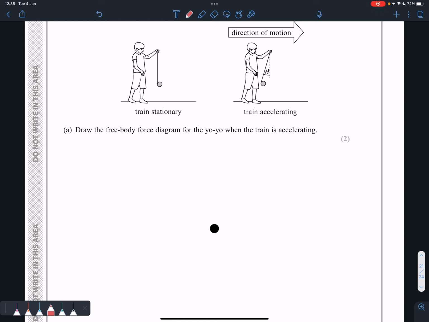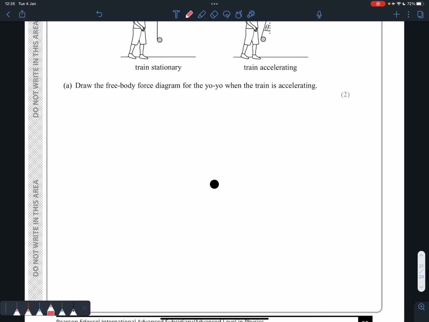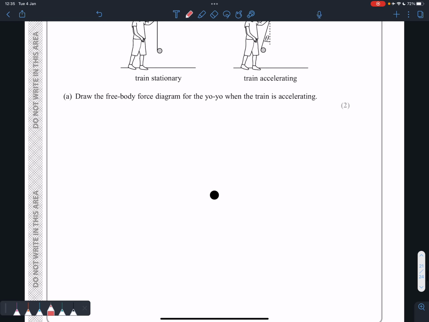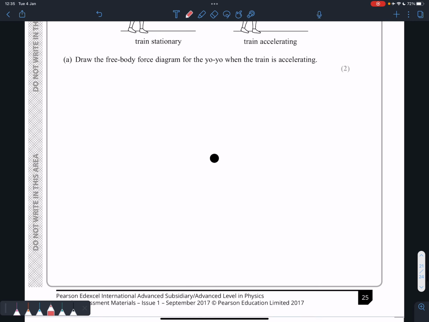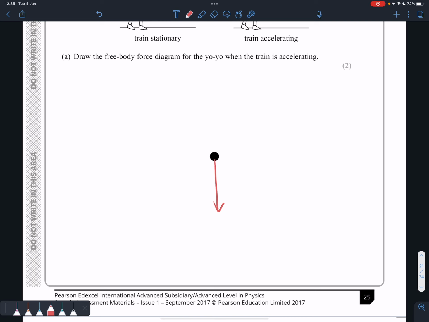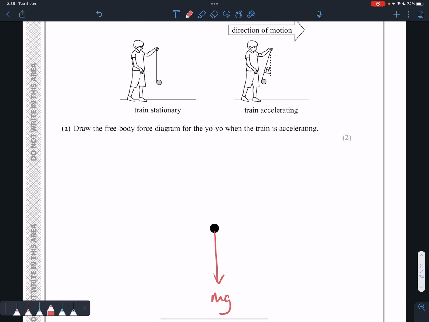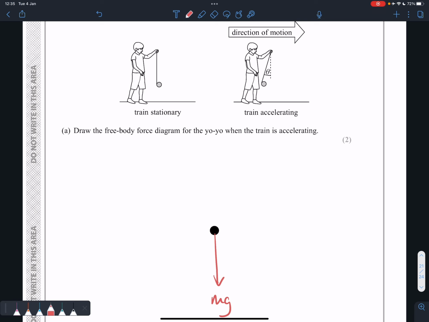Okay, so you've got to work out what's actually going on. You've got to just think of the forces that are actually on the yo-yo. You'll always have the weight and the other forces.